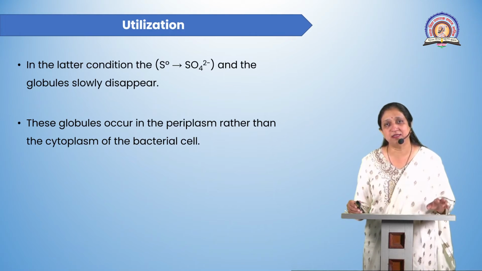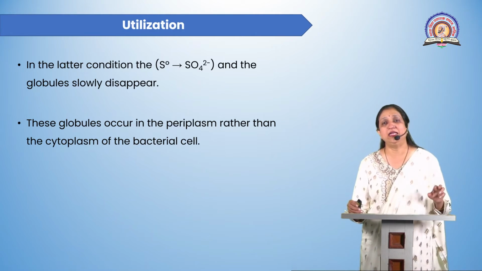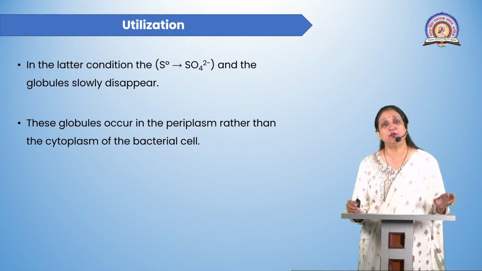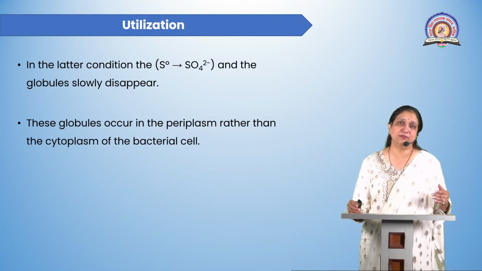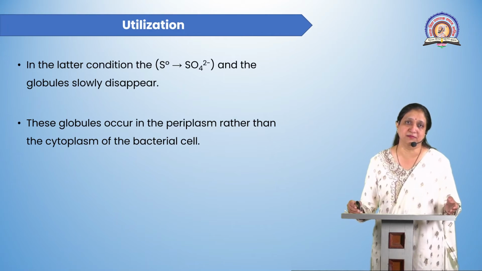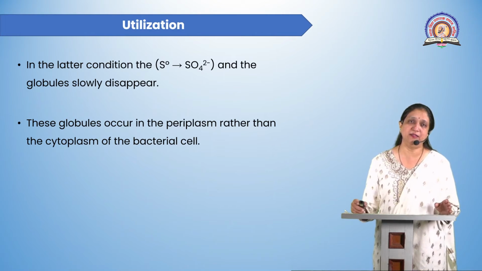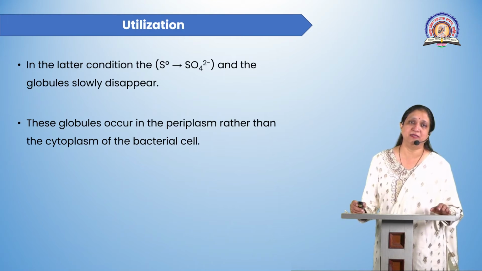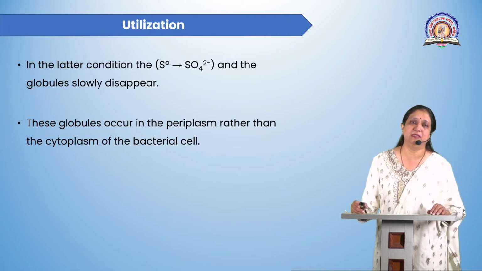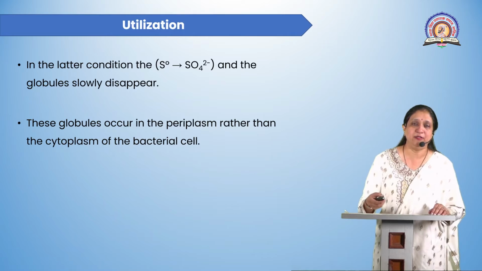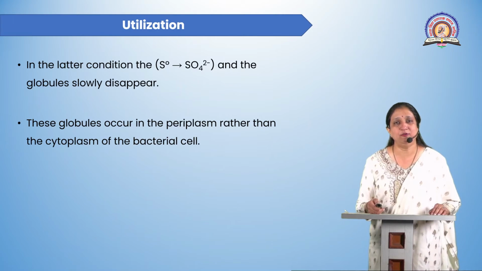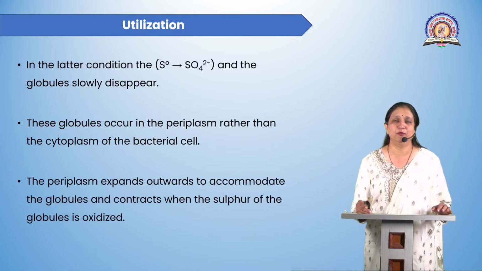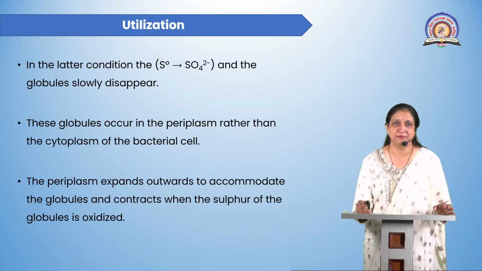Even if they are present in the cytoplasm, very few granules may be found, but these granules mainly occur in the periplasm. The granules that appear in the periplasm are the sulfur granules produced by the bacterial cell.